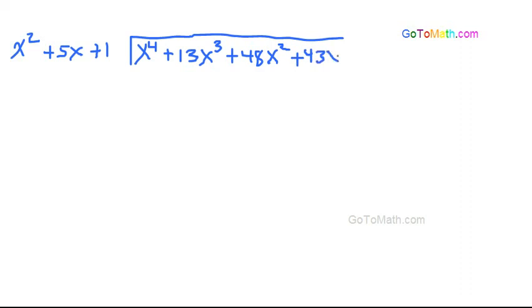Now in the next section, a lot of this stuff that we do, believe it or not, is kind of redundant. So we're going to do a shortcut method called synthetic division. Alright, x squared goes into that, so that's going to be x squared.